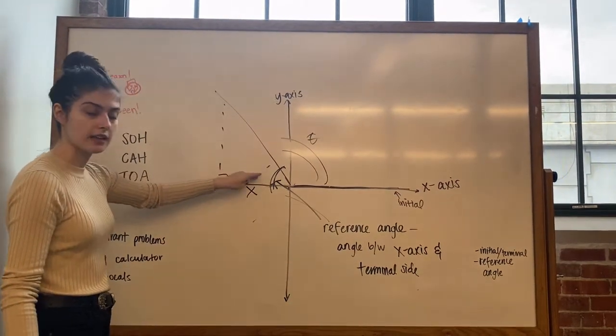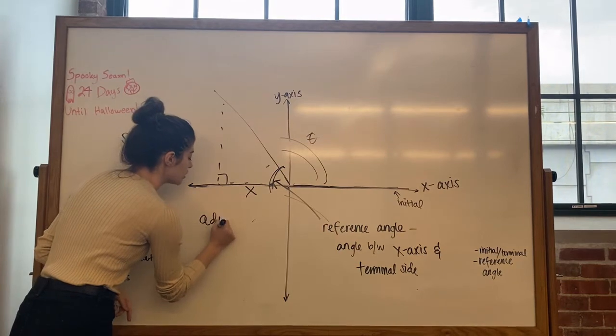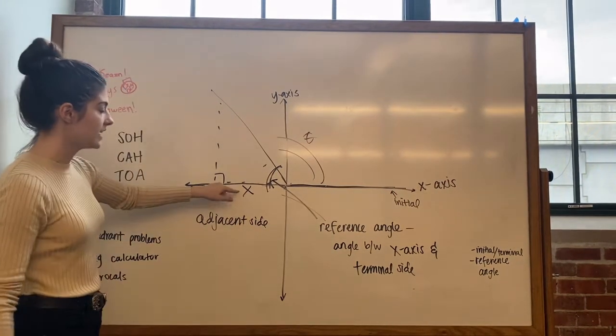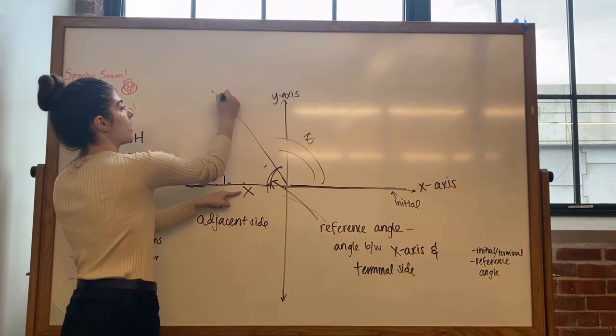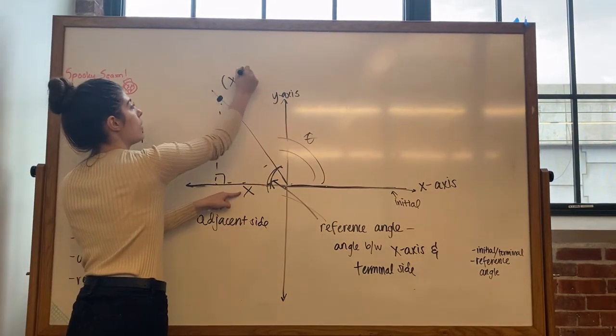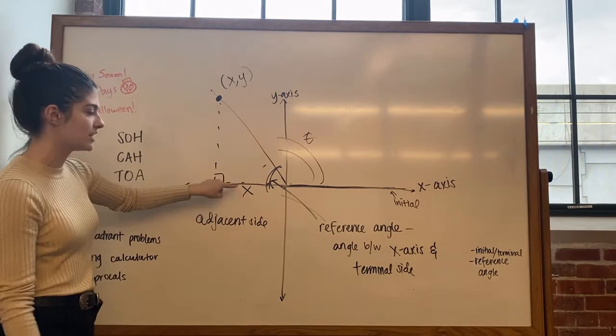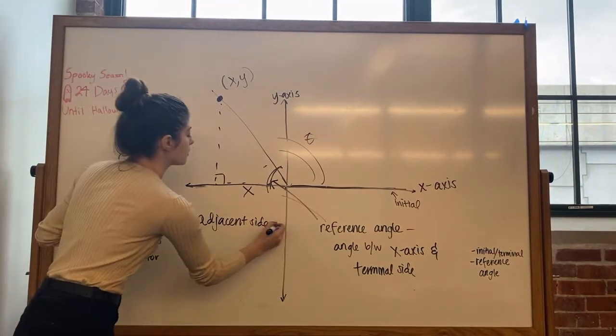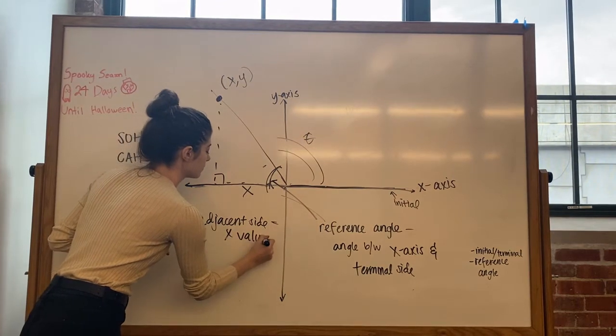Your adjacent side, I'll write this down, your adjacent side is directly connected to your x value, right? If we have a point right here, x, y, your adjacent side is directly connected to your x value.